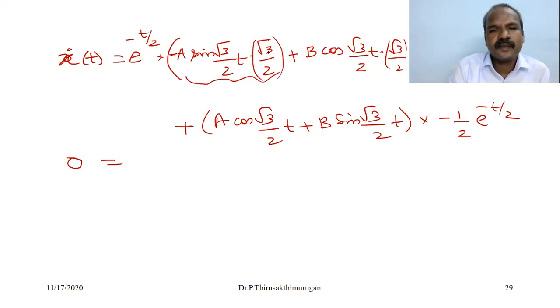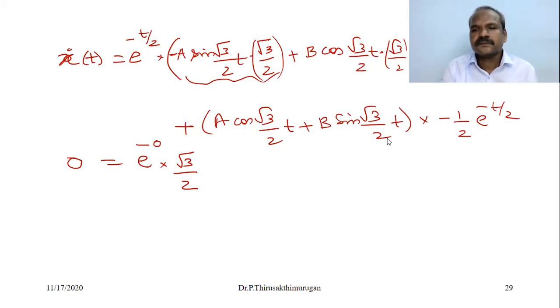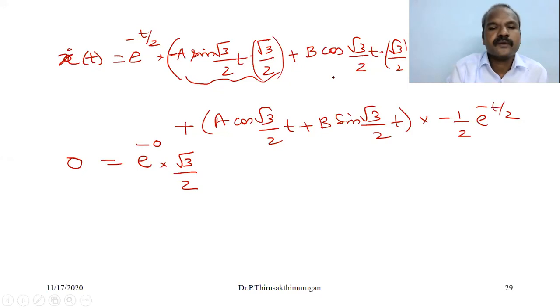Both terms, we can take √3/2 as common. Here also minus is there for both, e power -t taken common.